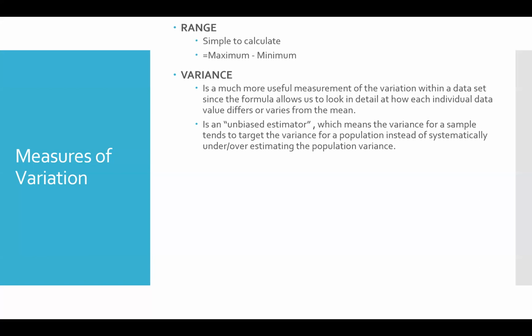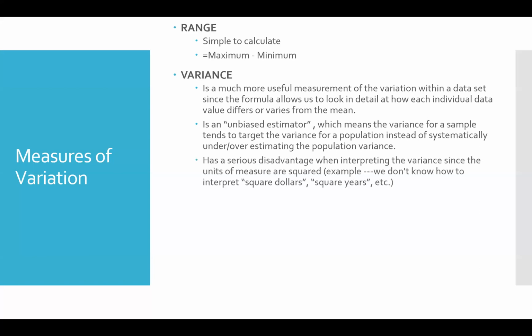What I learned about the sample in relationship to the variance is pretty much right on target for the population. That's why it's called an unbiased estimator. But again, it's difficult to interpret because the units wind up being squared. So we would have to talk about ages squared, years squared for ages. Or if we were talking about money, we would have to talk about square dollars. And quite honestly, that just doesn't make sense to us.